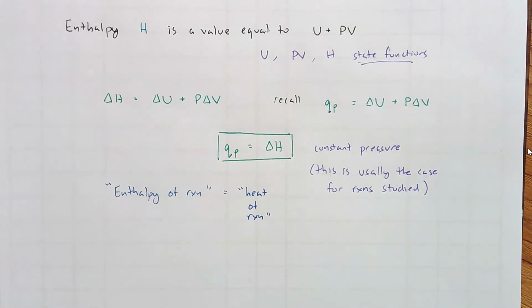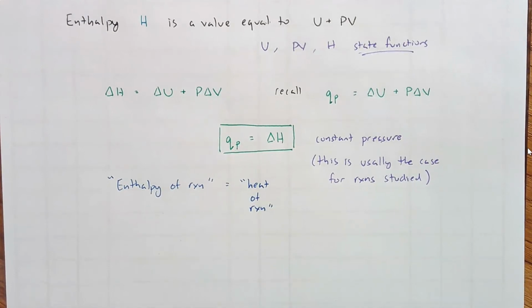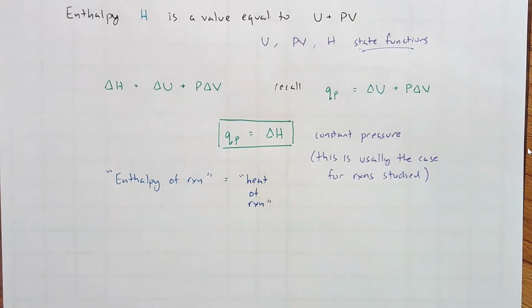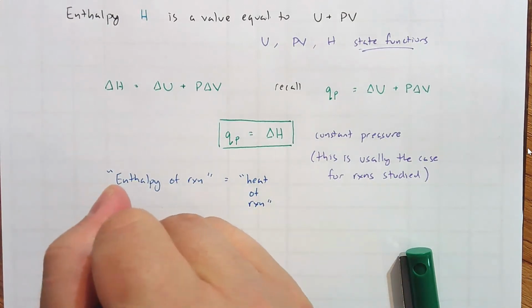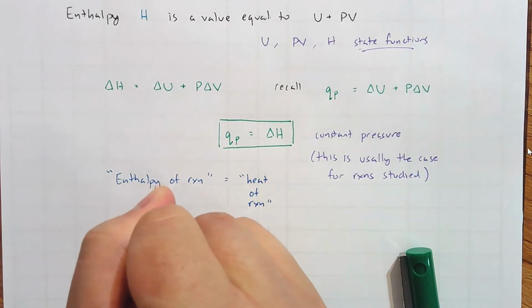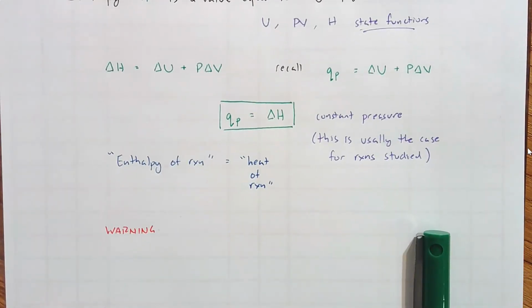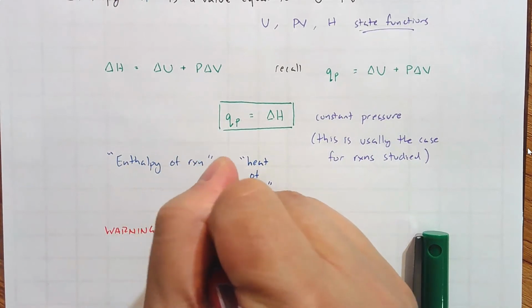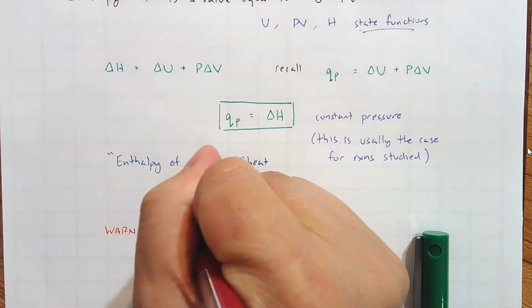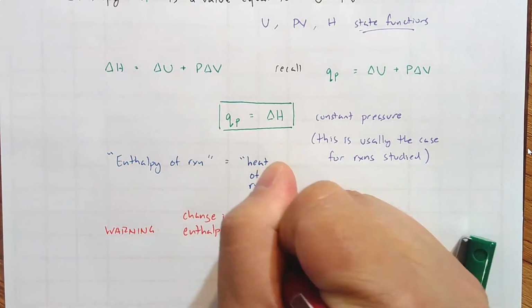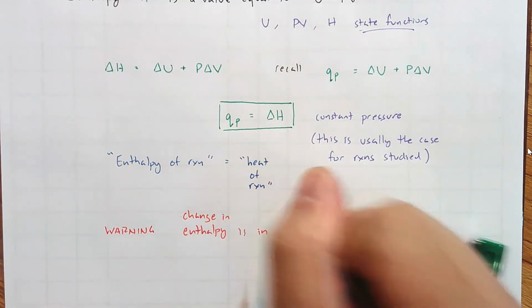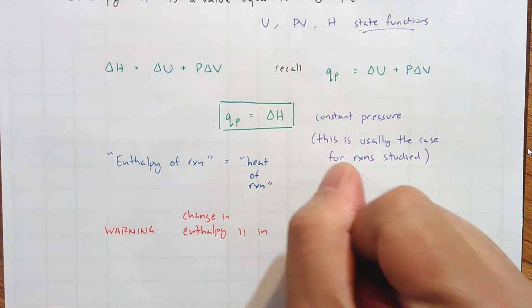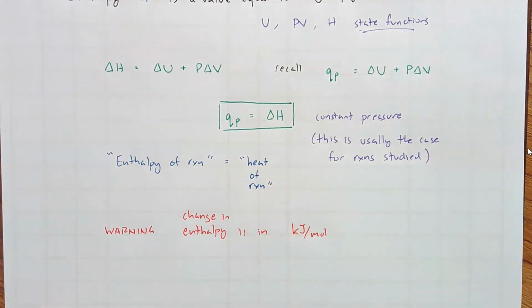Okay, but we got to be a little bit careful about this equation here, because usually enthalpy is in the units of kilojoules per mole. So let me put here a warning. Enthalpy, and technically change in enthalpy, is in kilojoules per mole.